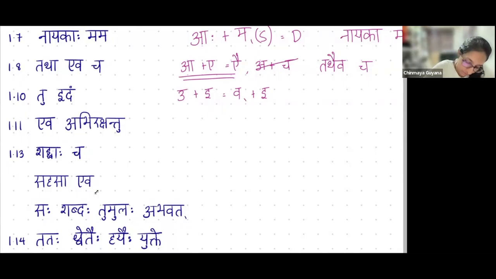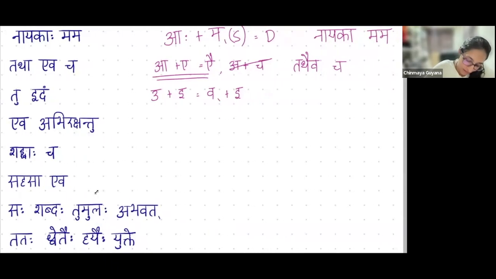So you're going to have th. Okay, let me write this out. Already people had forgotten this. Ta halant and u meeting i plus dam. U is going to change into va halant and i is going to remain the same. So now you have ta halant, va halant, i, and dam.